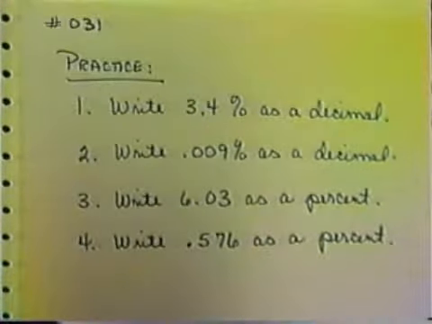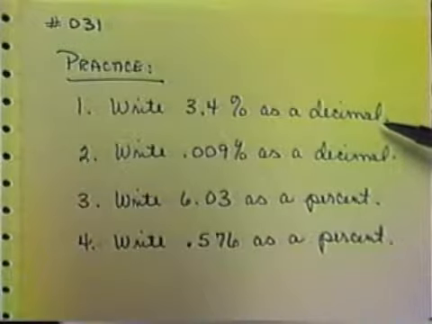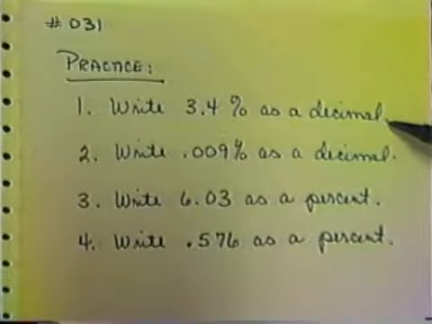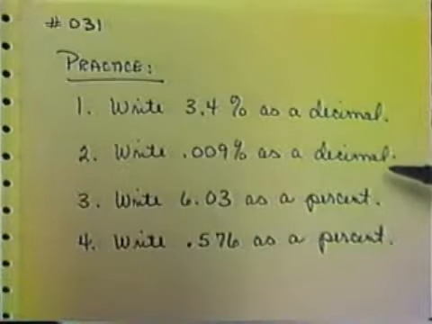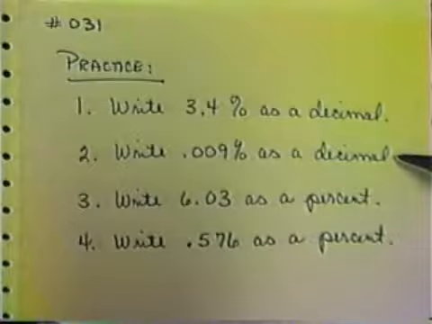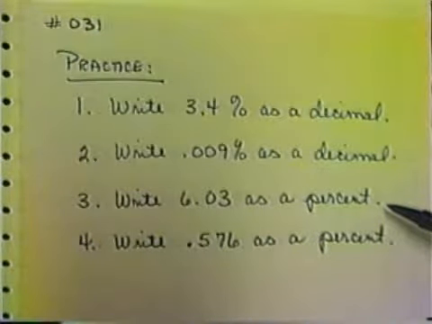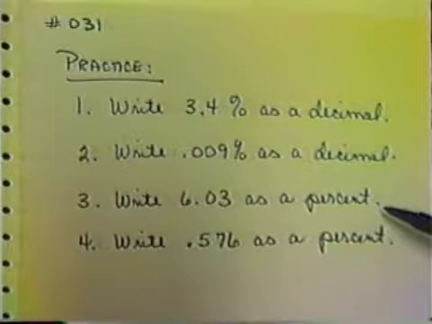Well, it's practice time. First practice problem: write 3.4% as a decimal. The second is write 0.009% as a decimal. The third problem is write 6.03 as a percent.